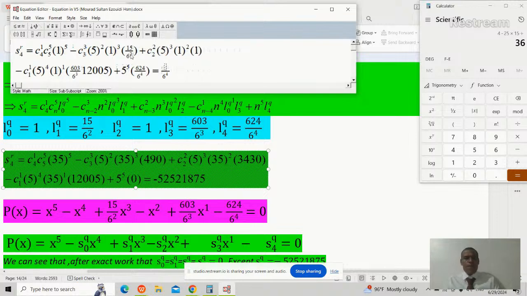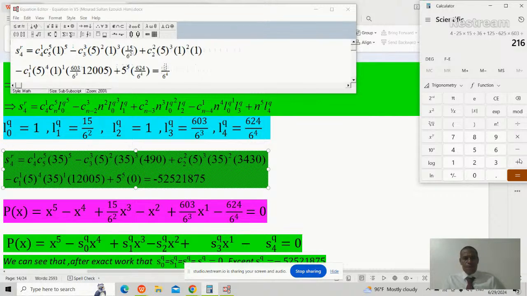Plus combination choose 2, which means 125 because 5 cubed times 1. Minus 625, 5 raised to the power 4, times 603, 603 divided by 216 because 6 cubed.